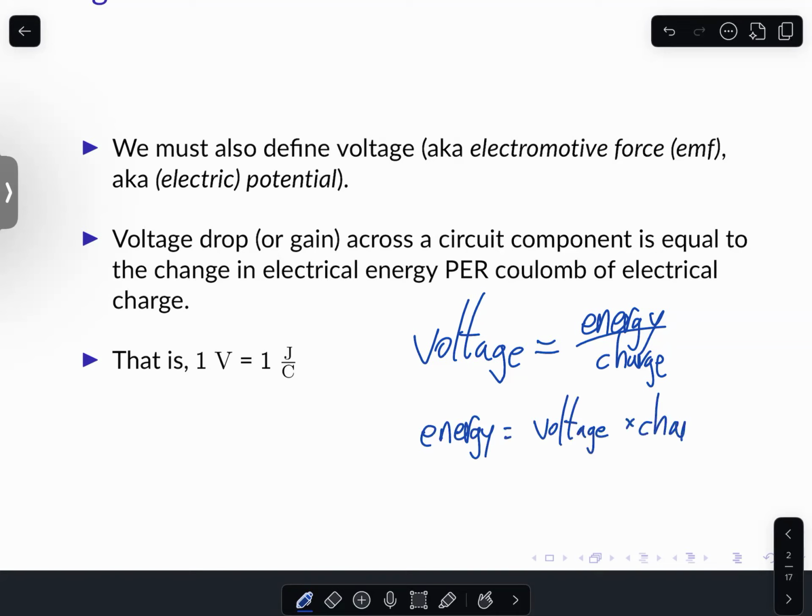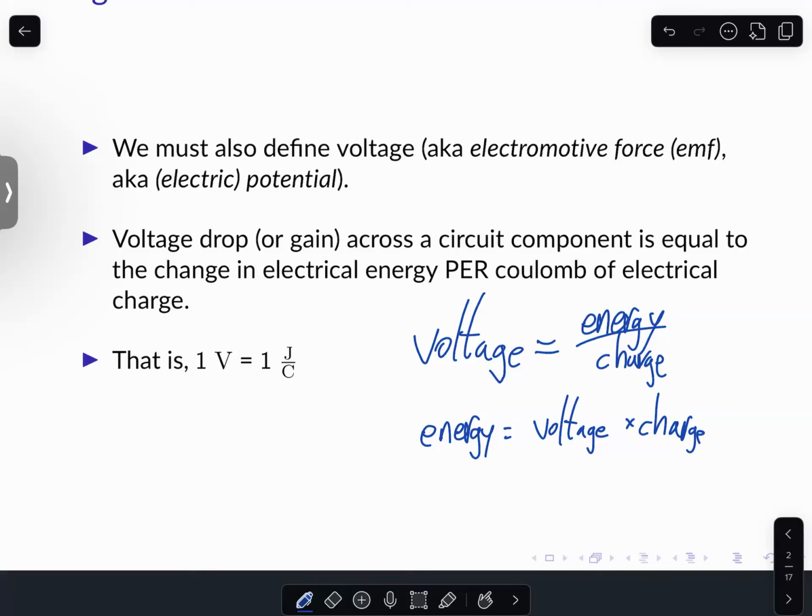Hopefully I haven't lost anyone there. That is to say, if you've got some charged particle feeling some voltage, you can calculate how much energy it has by multiplying its voltage times how much charge it's got. Yeah? That's not so bad.